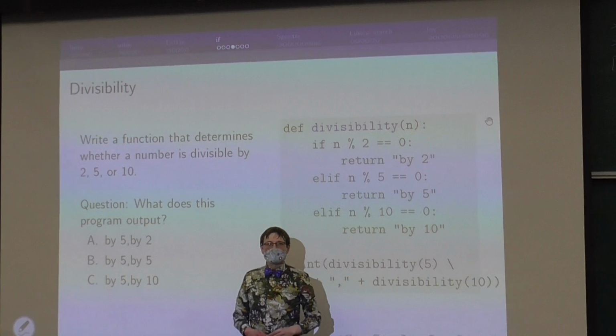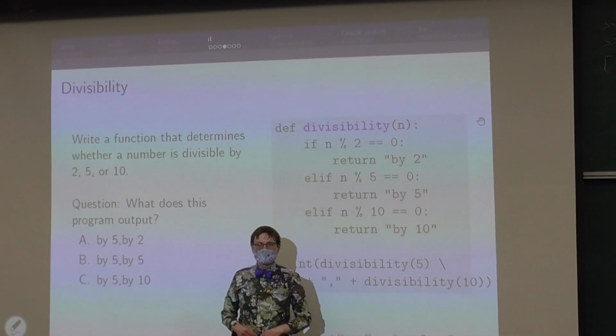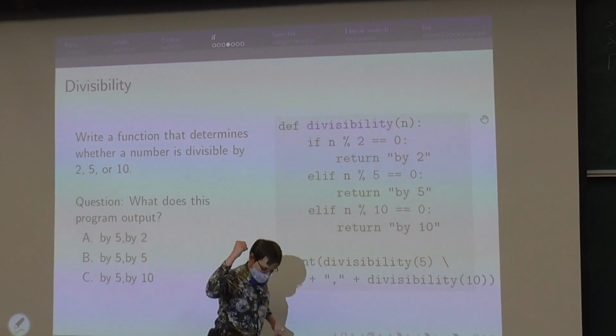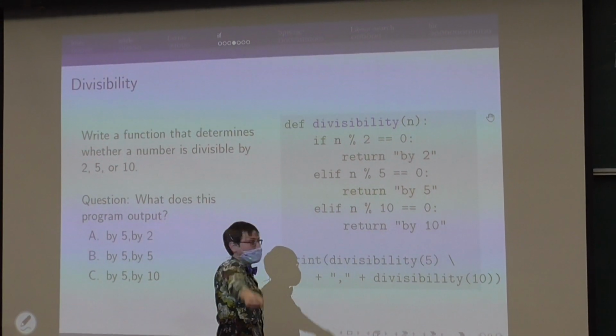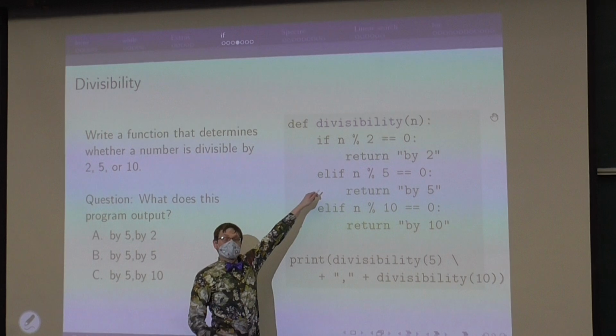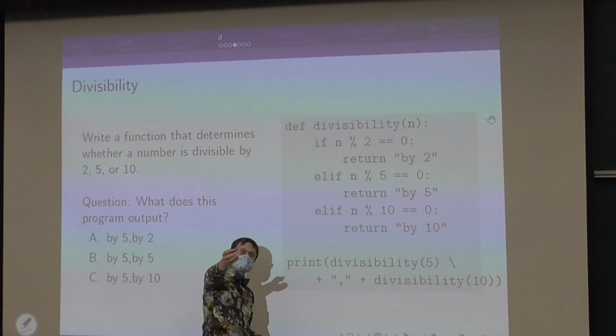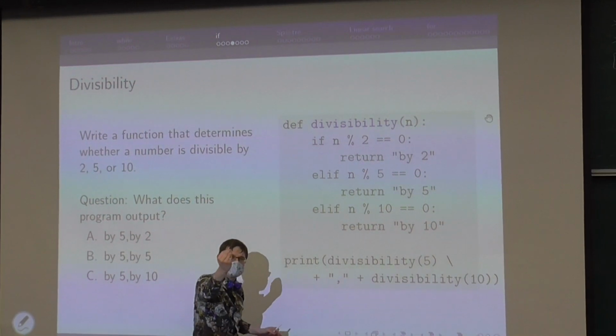So as long as it works, it always takes the first one that works. That's how an if statement works. That's how one of these works. That's the essential truth I'm trying to convey.